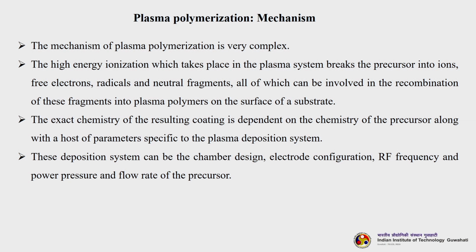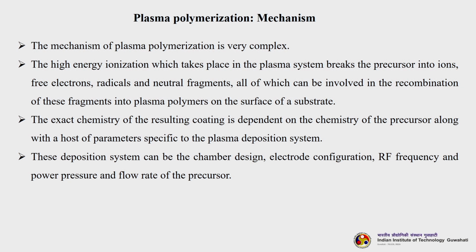The exact chemistry of the resulting coating depends on the chemistry of the precursor along with a host of parameters specific to the plasma deposition system. These can be the chamber design, electrode configuration, the RF frequency, and the low pressure and flow rate of the precursor. So, many things finally decide it. Actually, the mechanism is very complex.